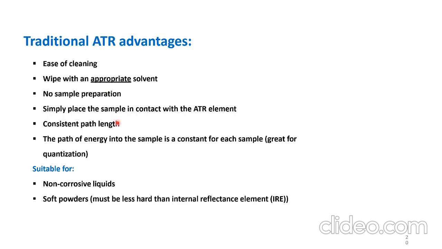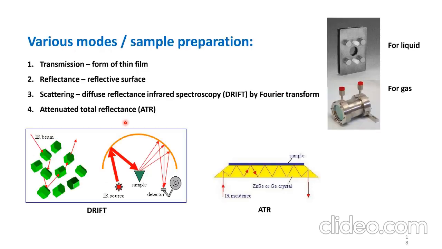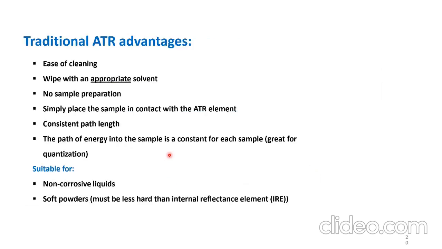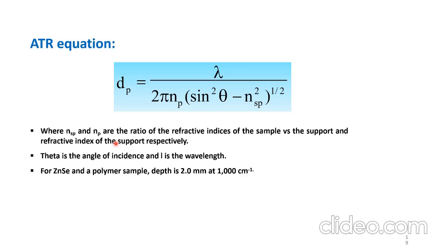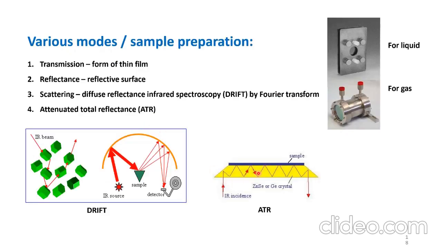And the path length is consistent. The crystal has a particular dimension, so the path length will be very uniform all over, and the path of energy into the sample is constant for each sample, so that we can get the proper absorption for a particular sample.